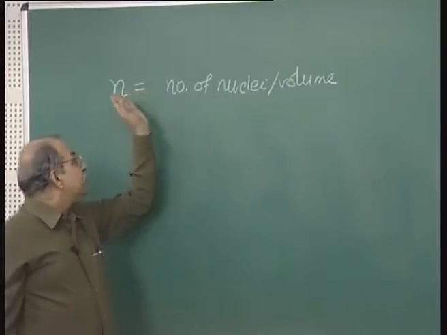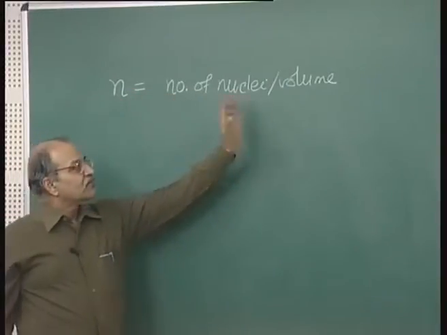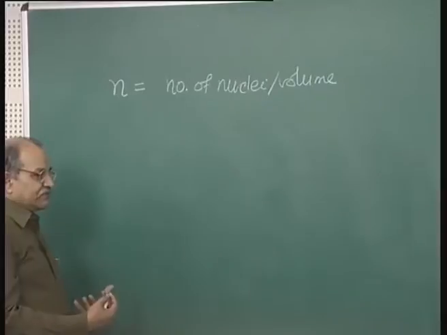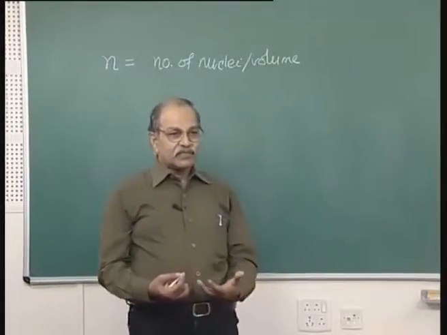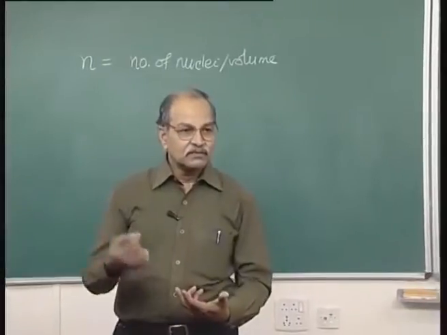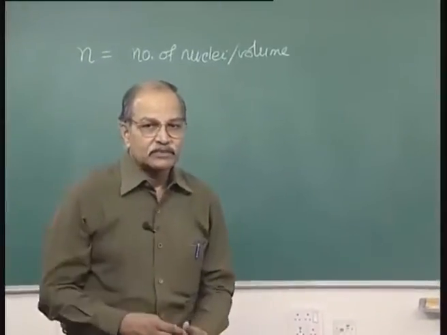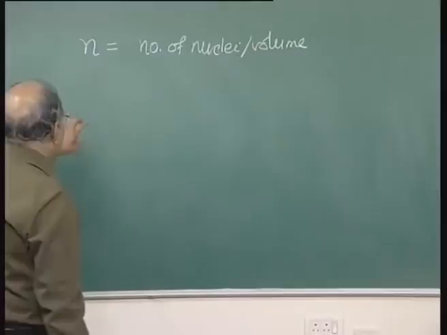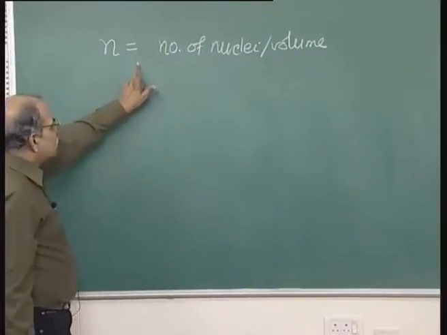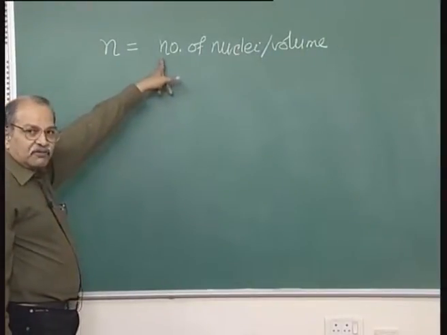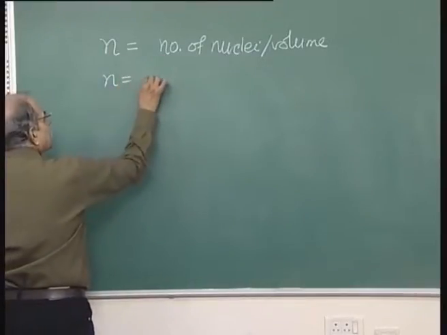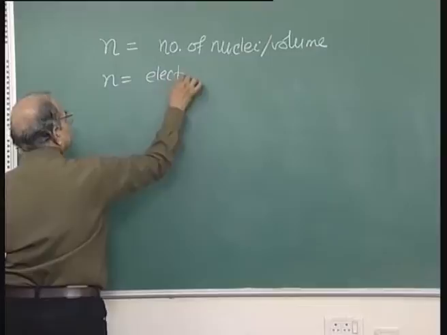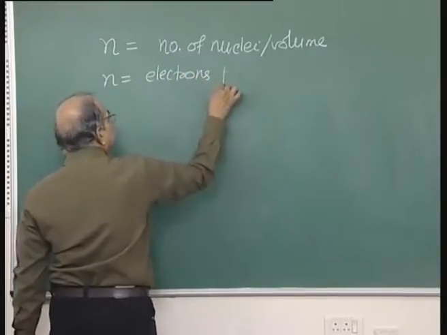So, if n represents this, and it is a hydrogen isotope, deuterium or tritium, then you have 1 electron. So, if n number of nuclei are there, you will also have n electrons per unit volume.